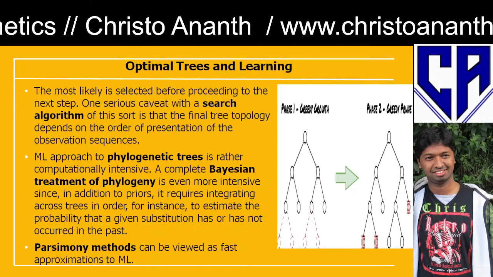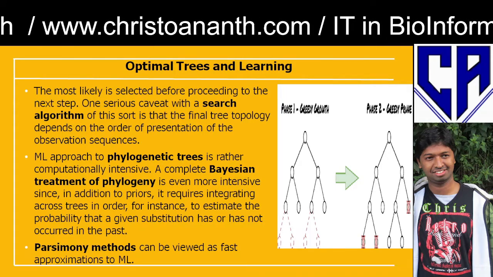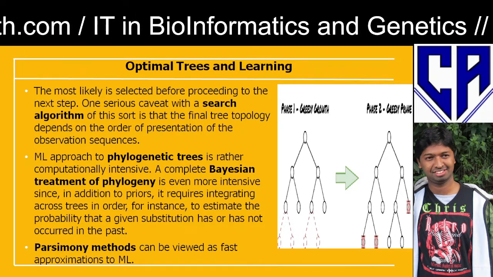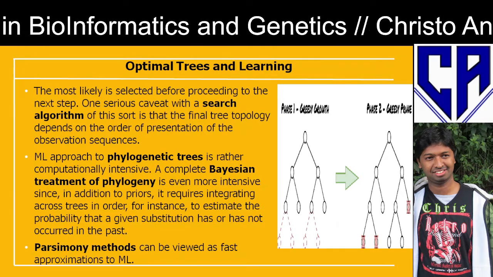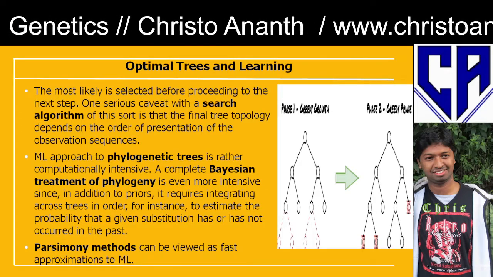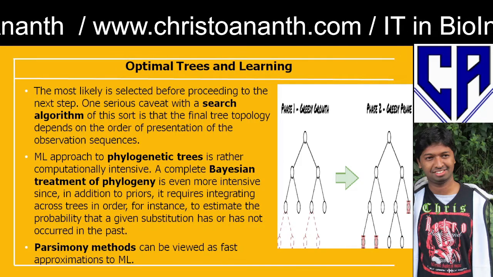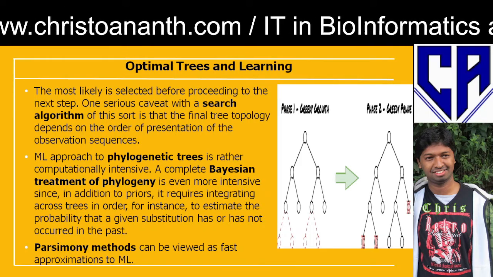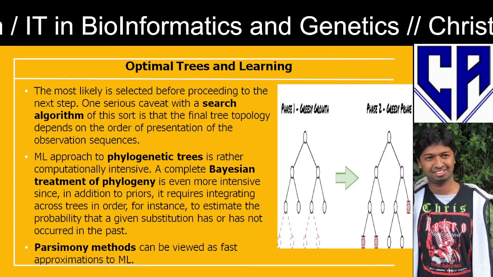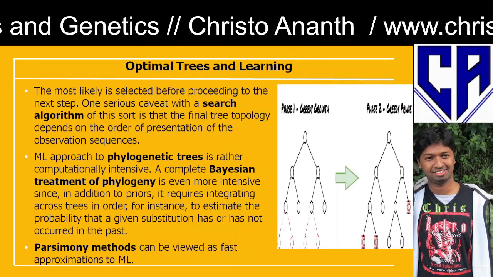In this search algorithm, the phylogenetic tree comes from the Bayesian network. From the greedy growth, as you see in the diagram, there is a parent and it has children. From this it goes to a greedy phase where we will have mutations or evolutions coming from each root. It is more intensive, and in addition to the priors, it requires integrating across the trees.